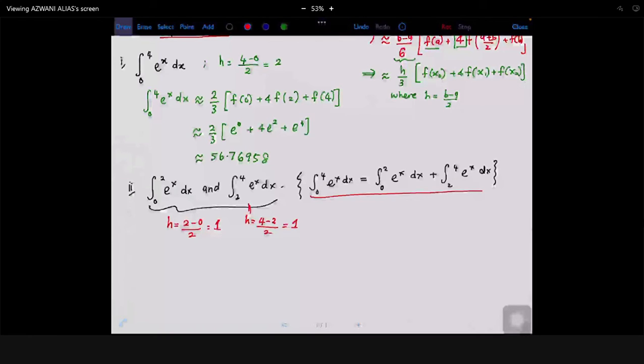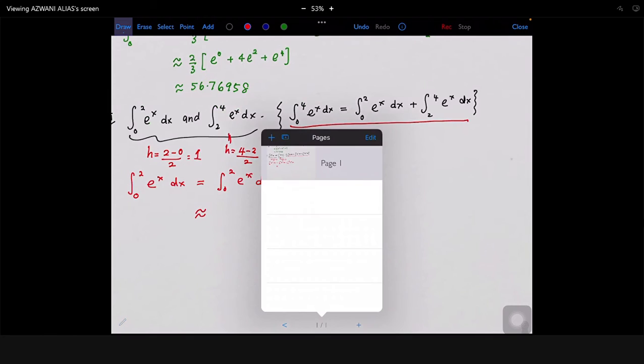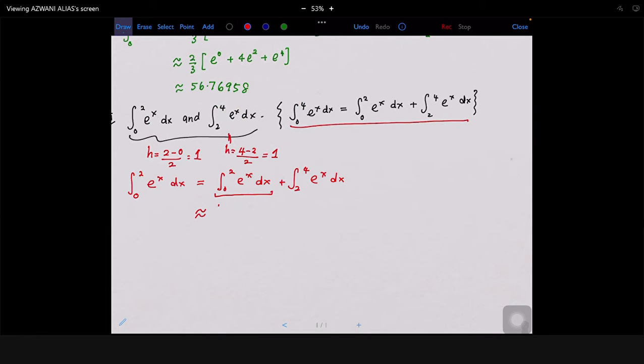Alright, so what we will obtain adalah, sekejap saya rewrite, is equal to the integral from 0 to 2 of e^x dx plus the integral from 2 to 4 of e^x dx. Alright, so kat sini kita akan guna Simpson Rule. Ada approximation kat situ. So you akan dapat H kita adalah for this H kita adalah 1/3.